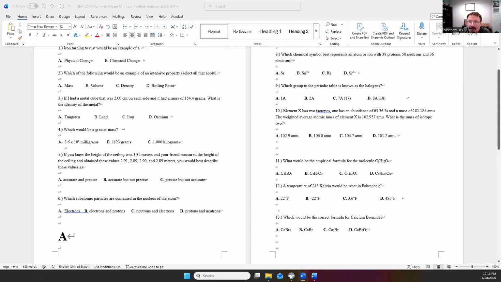Question 3. If I have a metal cube with 2 centimeters per side, that's 2 by 2 by 2, so it's a cube, and we know its mass.